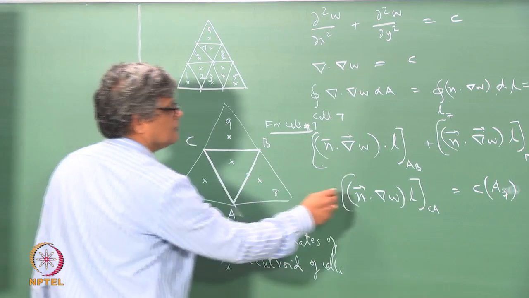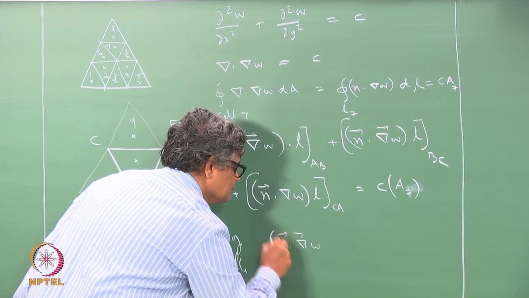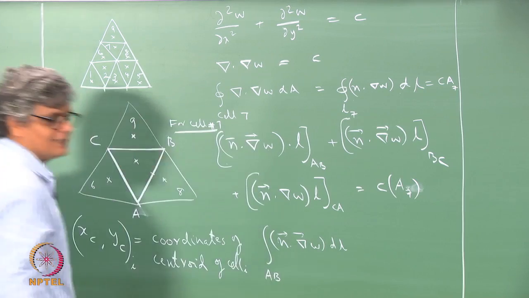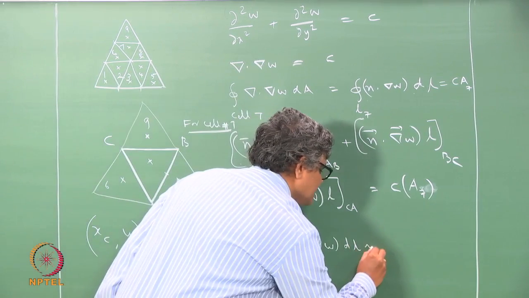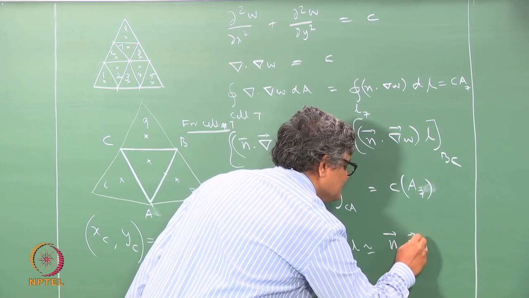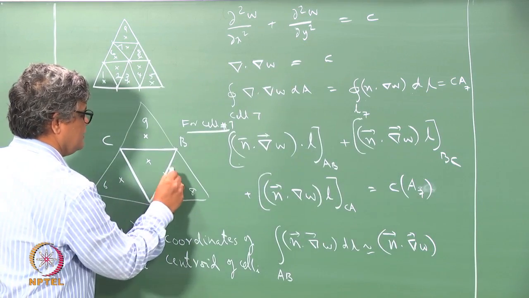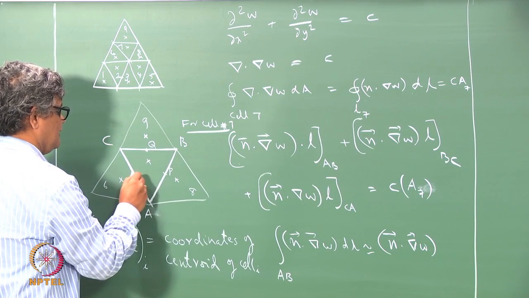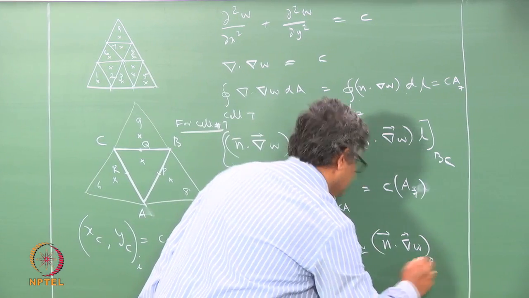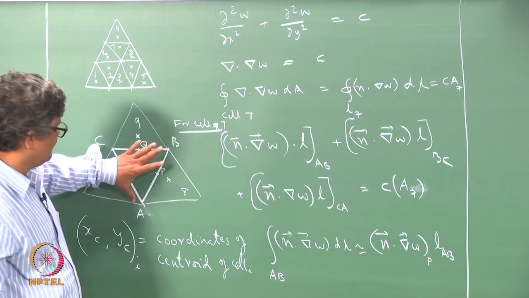So we are saying that the integral along side AB is approximately equal to n dot gradient at the midpoint, which we can call P here, and the midpoint of this side as Q and this as R. So it is evaluated at P times LAB, where L is the length of the side AB.